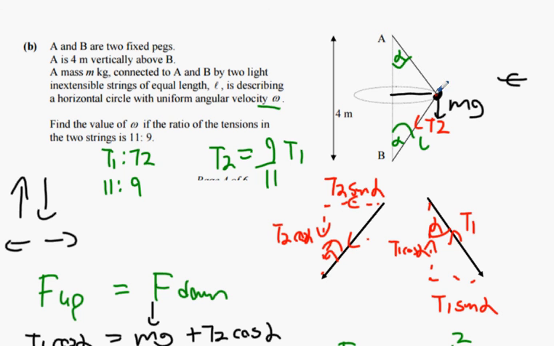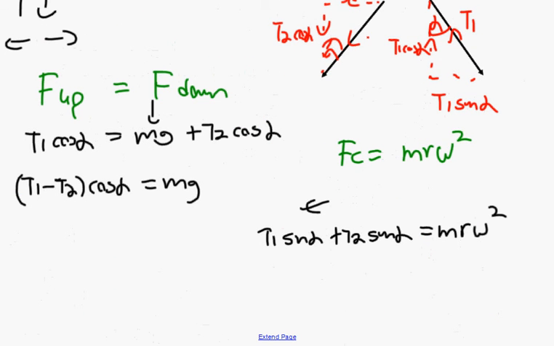Okay? R is here, and L is here. This means sine alpha equals r over L. R equals L sine alpha. Okay, that's good news. Change the r to L sine alpha. And what happens to all the sine alphas? They cancel. A particularly good call, okay?